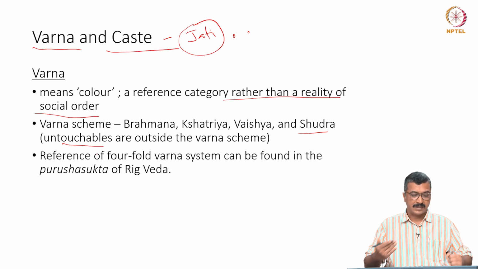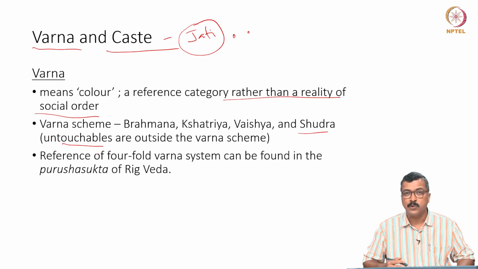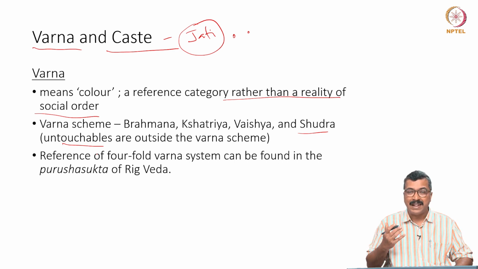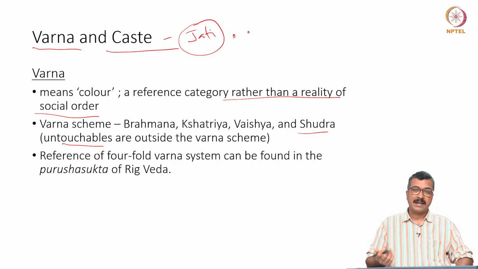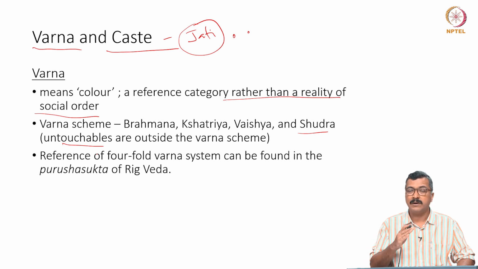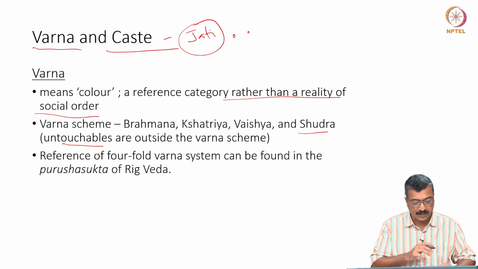They were considered the depressed classes or the ex-untouchables. So they are not even inside the fourfold Varna scheme. There are a few accounts in which they are called Panchamas, that is the fifth Varna, but they are strictly outside this scheme of four Varnas.